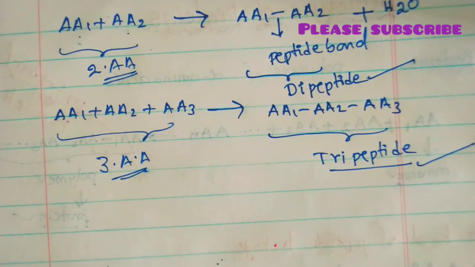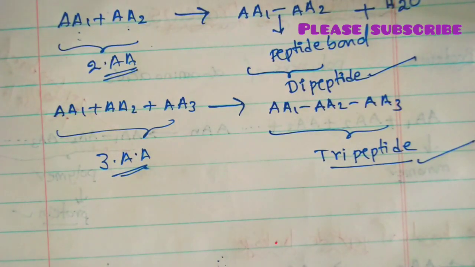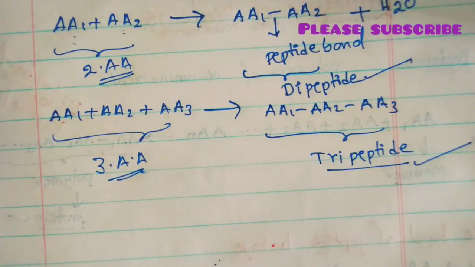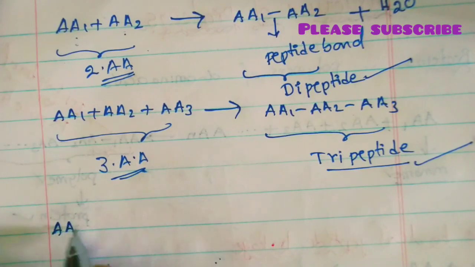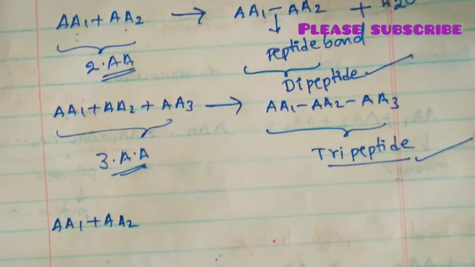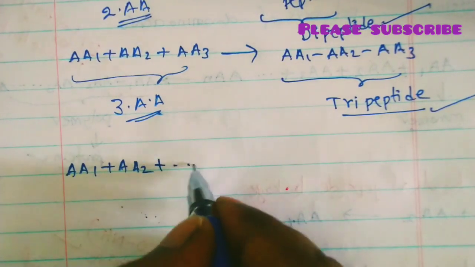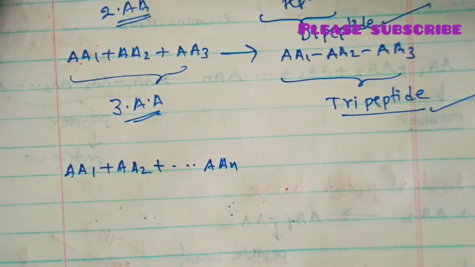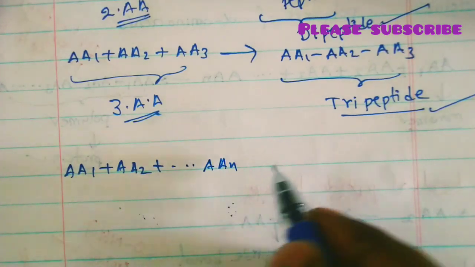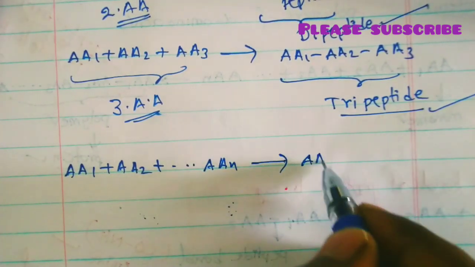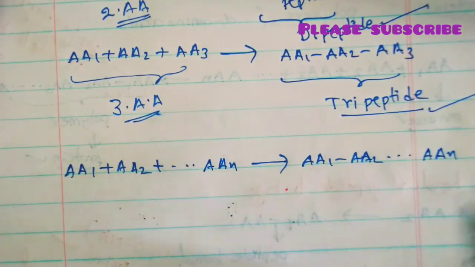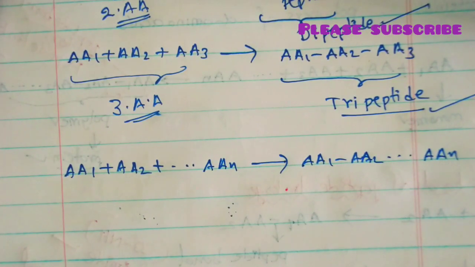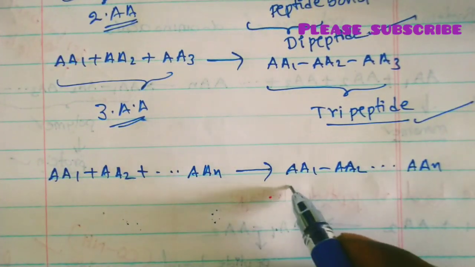Suppose I take n number of amino acids, that means more than 10 amino acids. If you take more than 10 amino acids, that is called a polypeptide. Suppose I take A1 plus A2, and so on, up to AN. That means a number of amino acids are joined together, with A1 bonded with A2, and so on until AN. Here more amino acids are joined together. So what is the name of this product now?